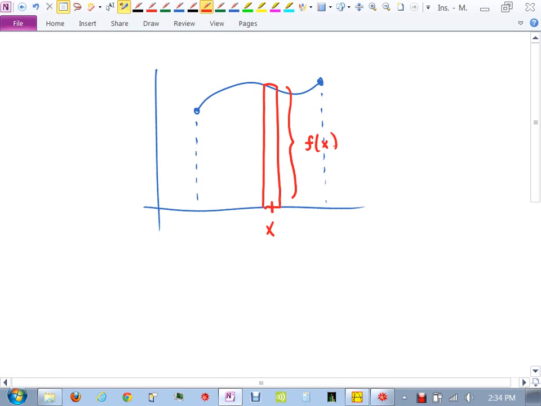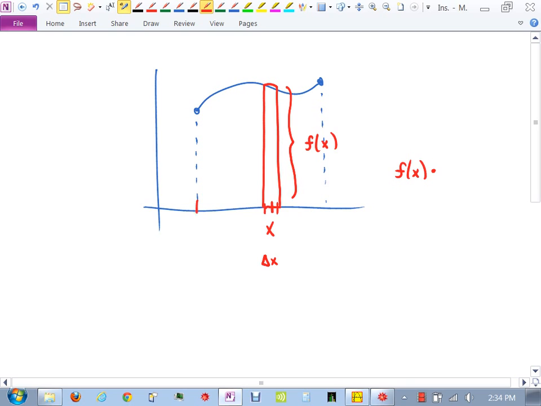So what would the area of just that little rectangle be? It would be f of x times, now you can't say x because x is a single point, isn't it? So x by itself has no width. So how about just calling this little thing delta x?